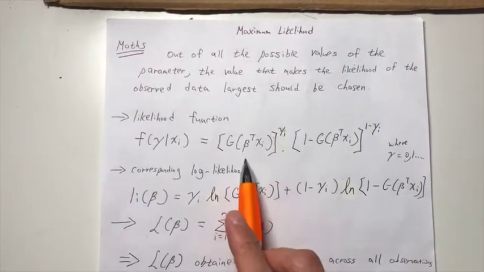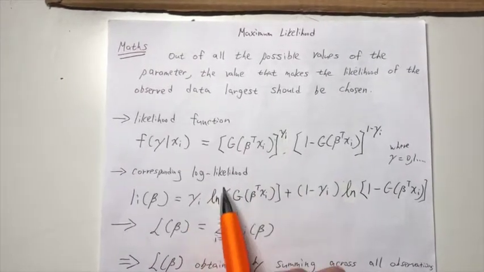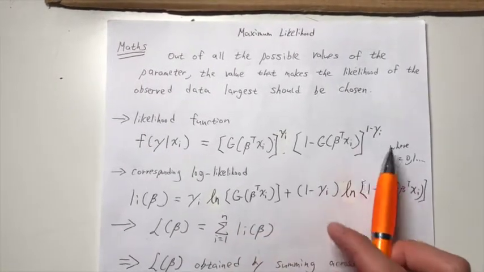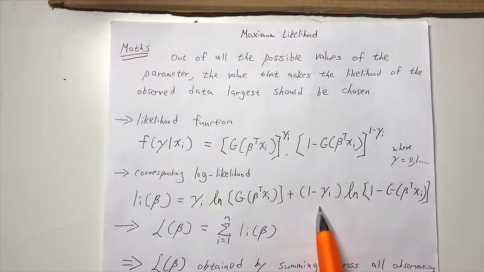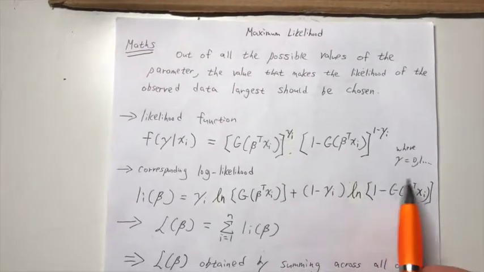So by taking log, we can pull this yi down here, and this is a natural logarithm, ln g(β'x), plus pull down 1 minus yi here, and the natural logarithm of the probability of a person not working.